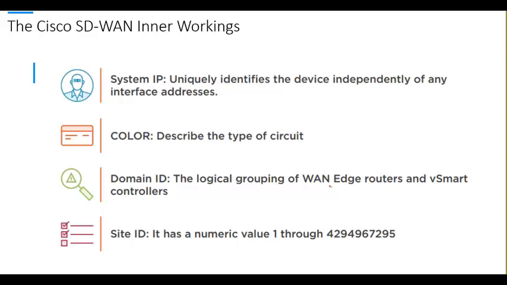The system ID is just an ID, same as the OSPF router ID. It needs to be in a 32-bit form, that schema, same as what we learned in the OSPF router ID. So using this system ID, the sites are easily recognized.